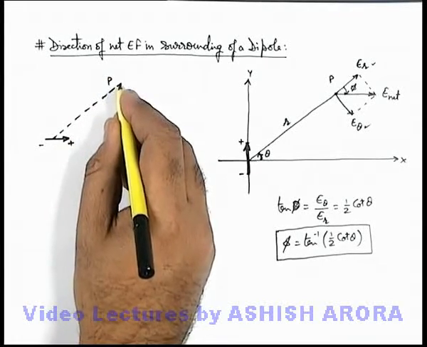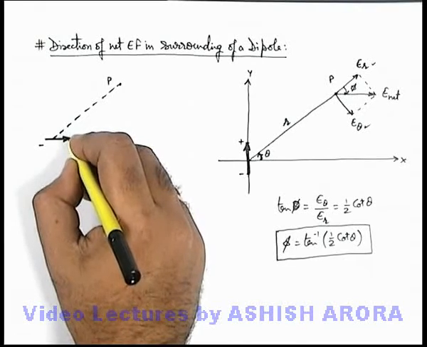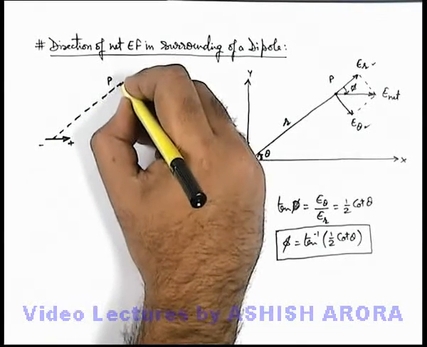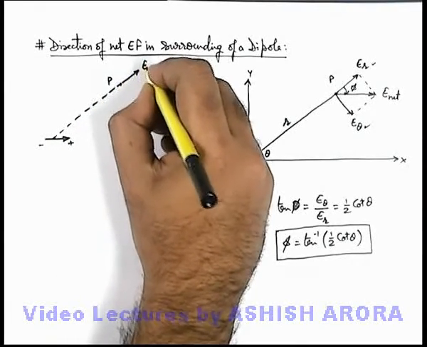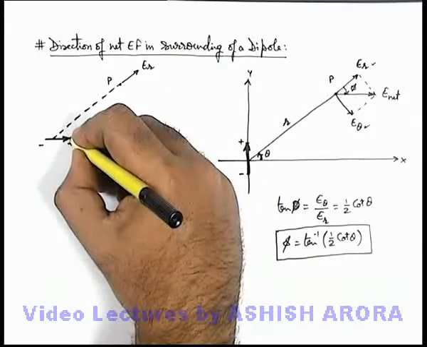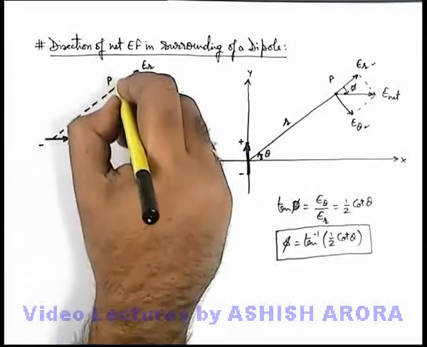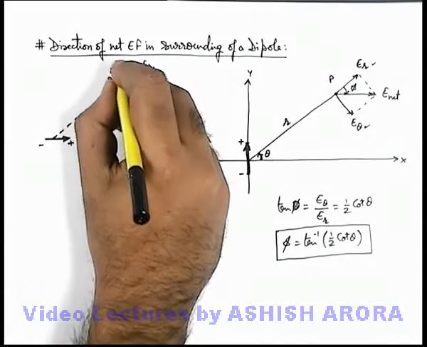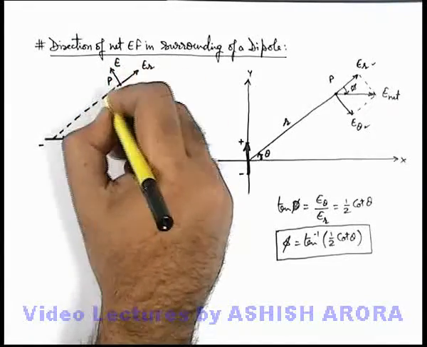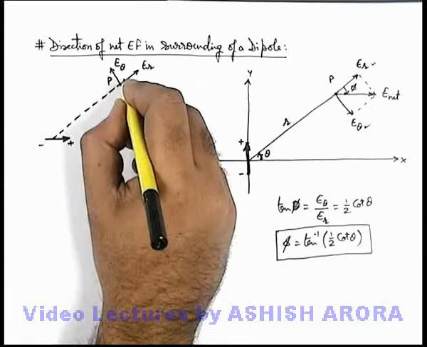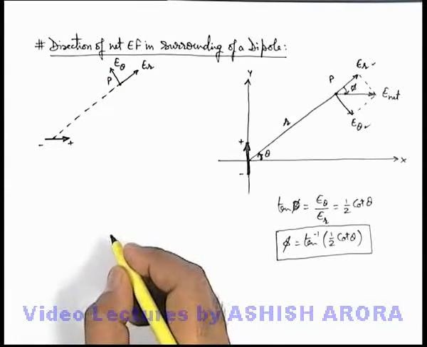That means the net electric field at this point in the radial direction will be away from it, that is ER, and positive will apply an electric field in this direction, negative in this direction. So the electric field perpendicular to the radial direction, the transverse electric field, will exist in this direction.